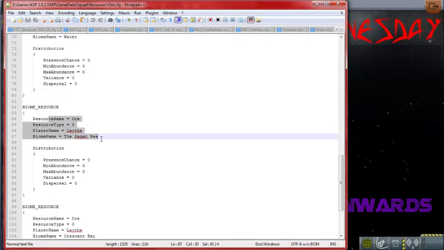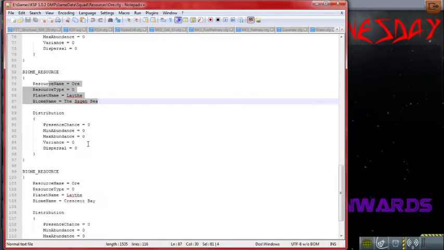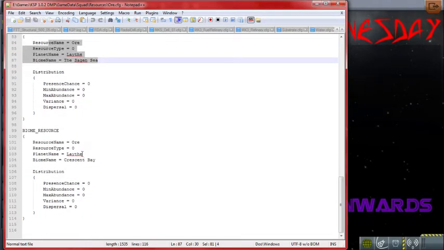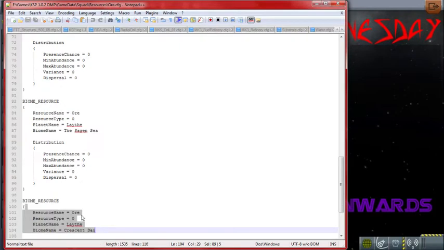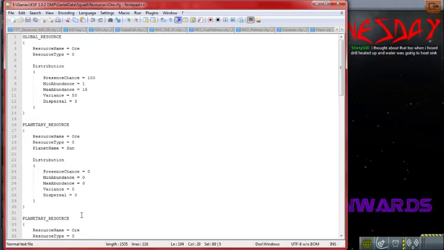Same again for Lathe's oceans, which is called the Sagan Sea, and the Crescent Bay that is on Lathe, which is ocean. So basically it just says the oceans don't have ore that you can mine.